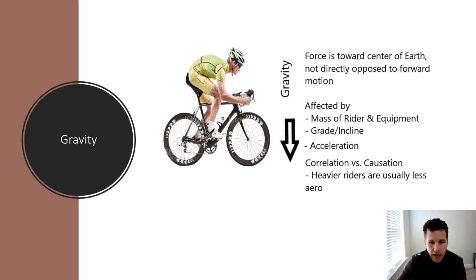But before you start to make too much out of this, it's important to really look at the percentage of a given course, of a given event, that might be uphill. And it's often very, very small.